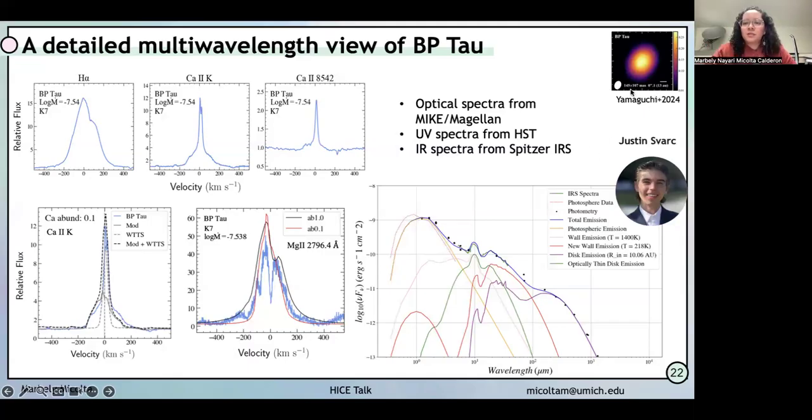This paper, what Yamaguchi did was take all the archival data and reprocess it with another cleaning method of the data. And that's when they could actually find the hint of the inner structure. But there is also the fact that these are far away, and if the structure is really in the inner AU, you might not see it with ALMA, because ALMA cannot give you that much.